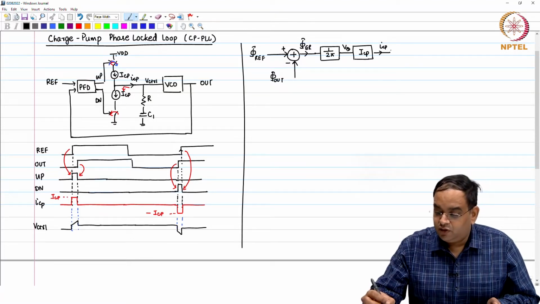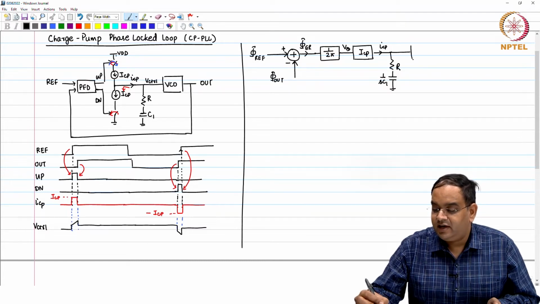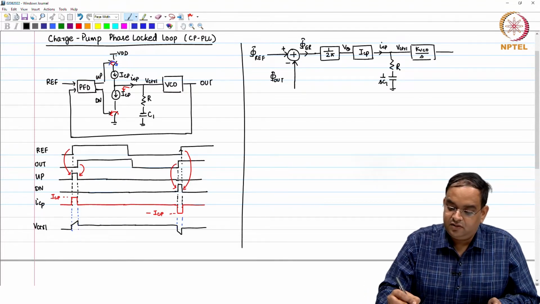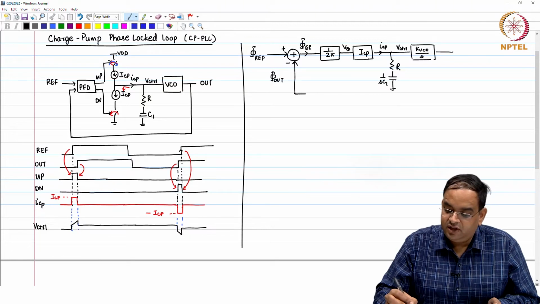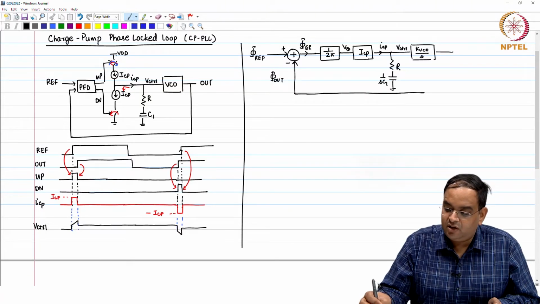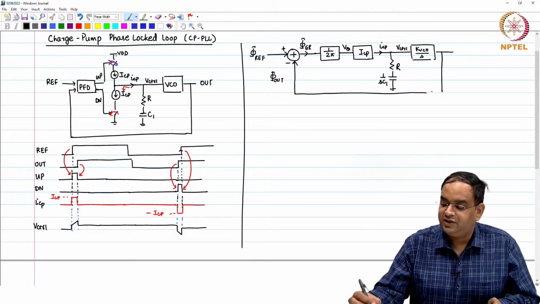This current goes through the loop filter as shown here, R and 1 over S C1 is the capacitor impedance, and then it has a VCO whose response from control voltage to output phase is KVCO over S. So, this is the small signal model of the charge pump PLL.